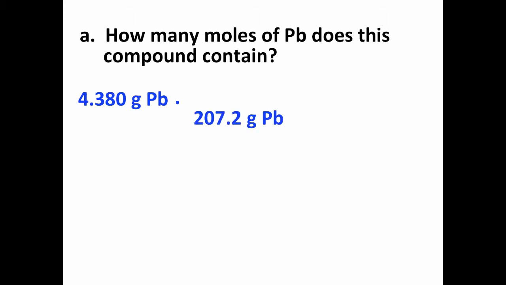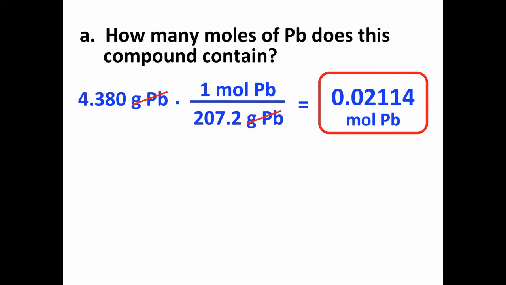And we're going to want to convert this into moles. So we look on the periodic table and see that the atomic mass of lead is 207.2 grams. 1 mole of lead equals 207.2 grams of lead. We set up our conversion factor to cancel out grams of lead, and we do the calculation, and we find that this is 0.02114 moles of lead.